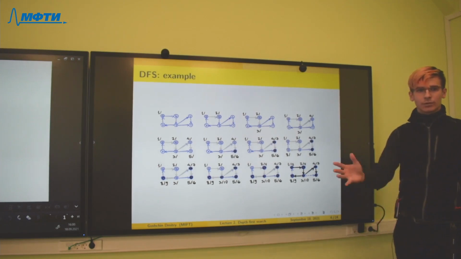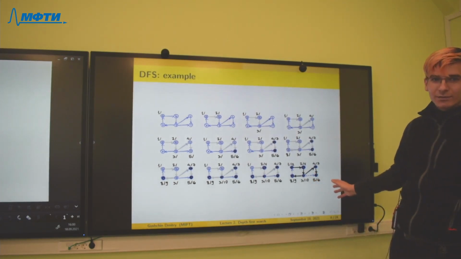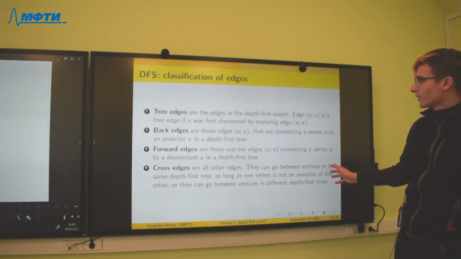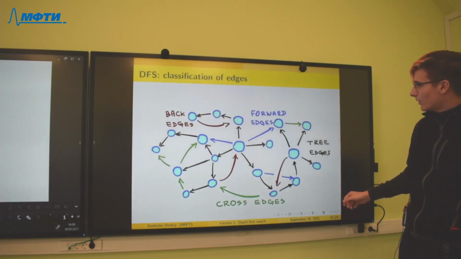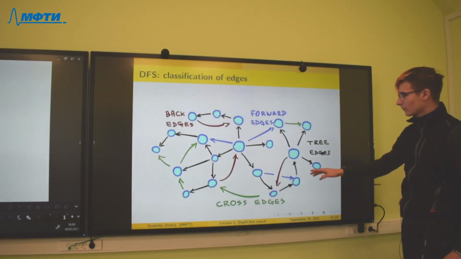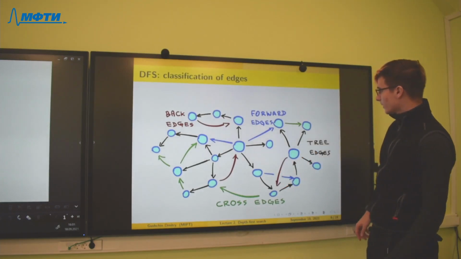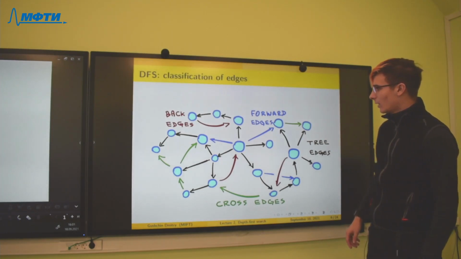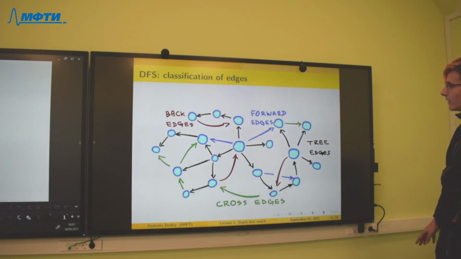Do you have any questions? No? All is understandable. Nice. And about classification of edges, we can see this picture. There are black edges that are included in the DFS tree, and there are three other types of edges.